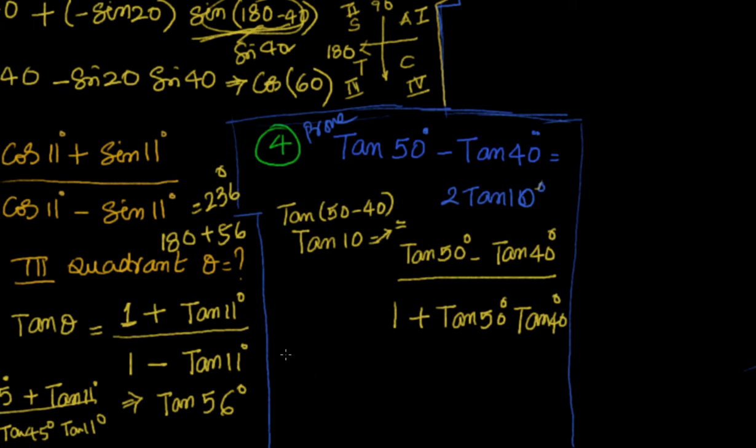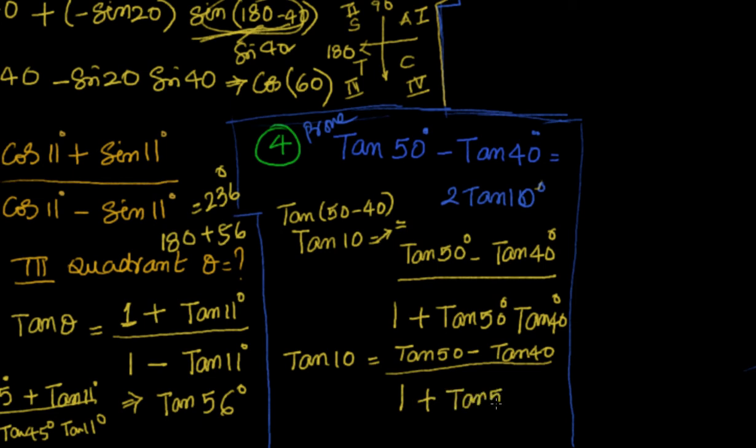So now let's continue. Tan 10 is equal to tan 50 minus tan 40 divided by, you know that tan 40 is nothing but equal to cot 50, so 1 plus tan 50 into cot 50, which is nothing but equal to 1. 1 plus 1 is 2.